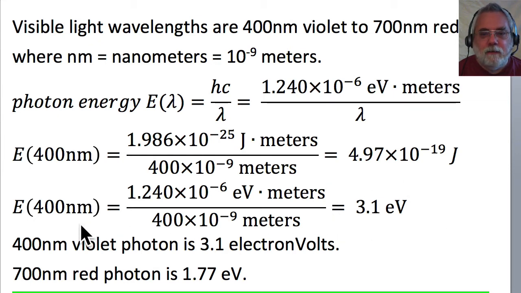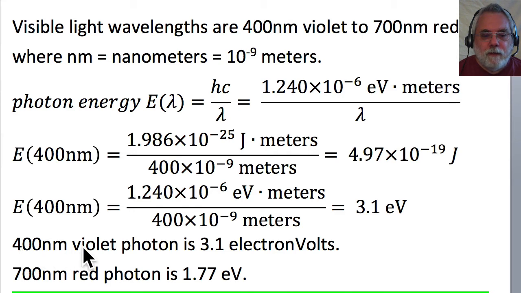The fact that a violet photon has a small number, 3 electron volts of energy, makes the electron volt a useful energy scale for visible light. It also turns out to be a really useful energy scale for electrons in atoms.